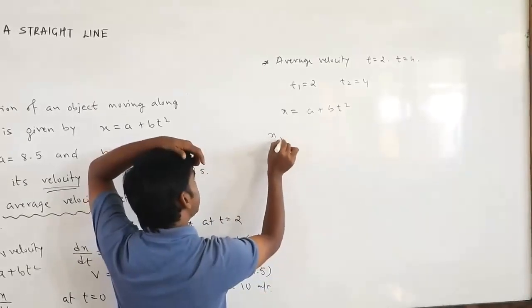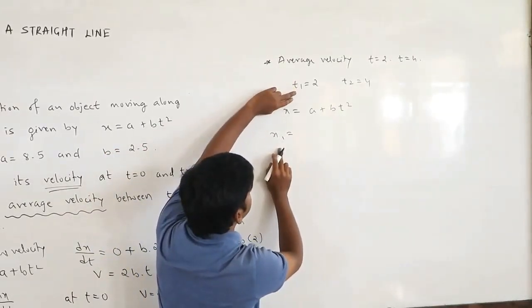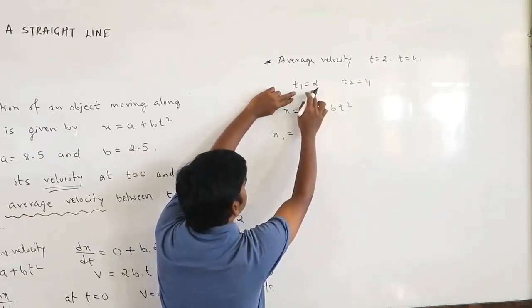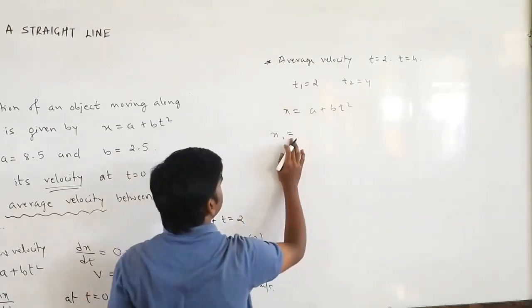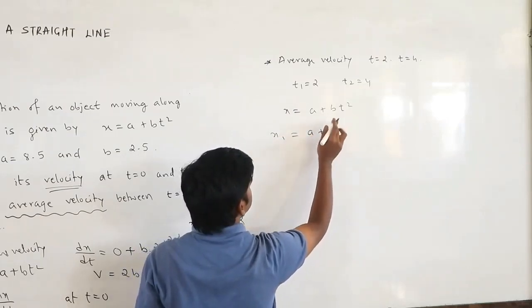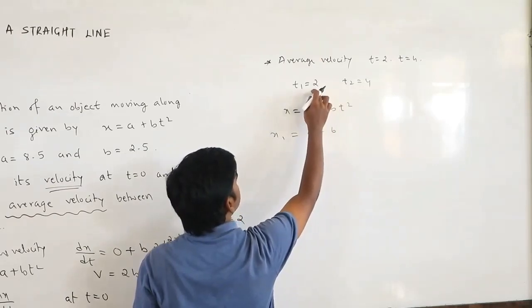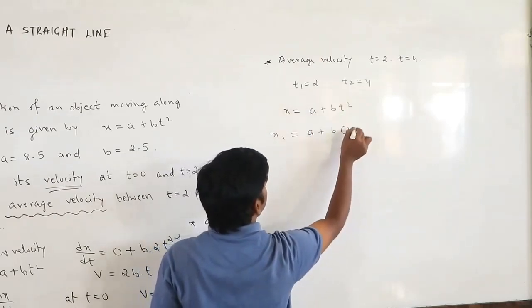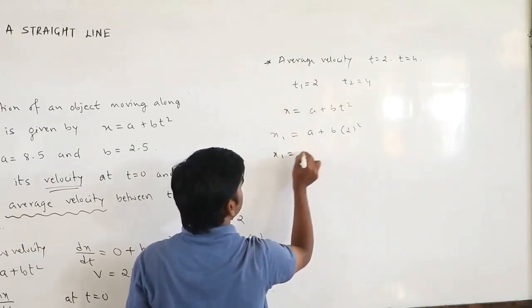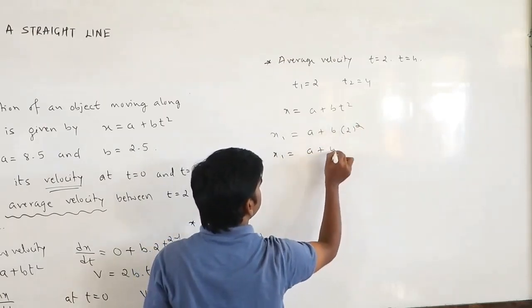So first find x1. Substitute t1 equals 2 wherever t is there. x1 equals a plus b into 2 square, and 2 square is 4, so 4b.